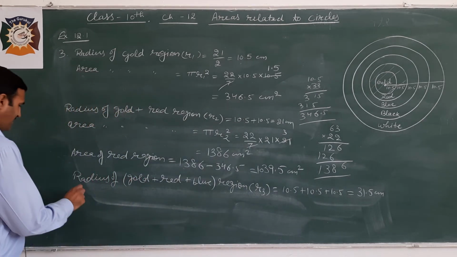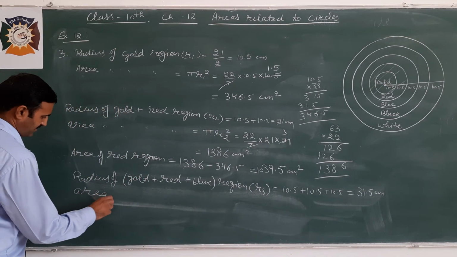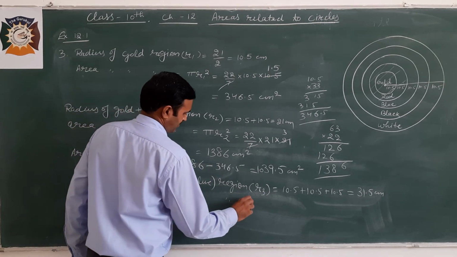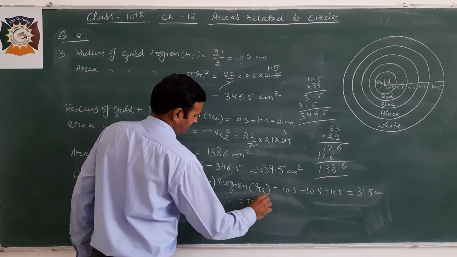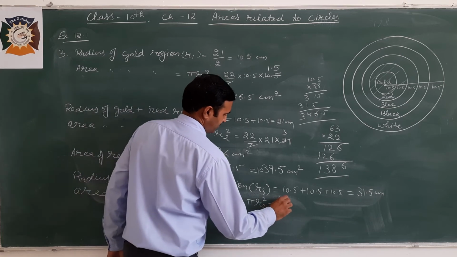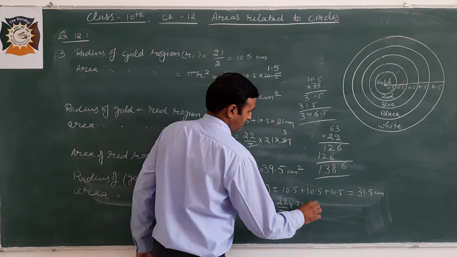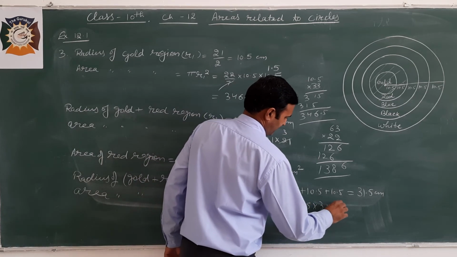Now we can find the area of gold plus red plus blue region, that is pi R3 square. Pi is 22 by 7, R3 is 31.5, 31.5.